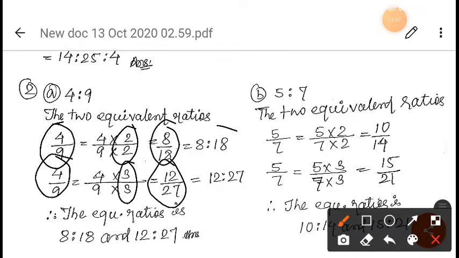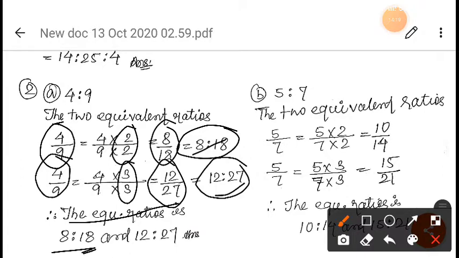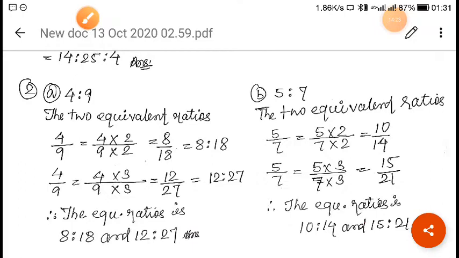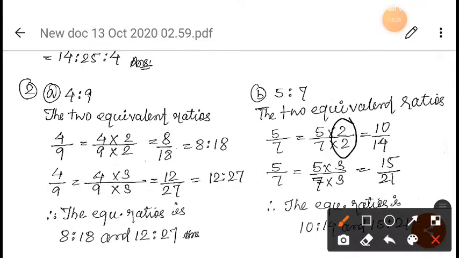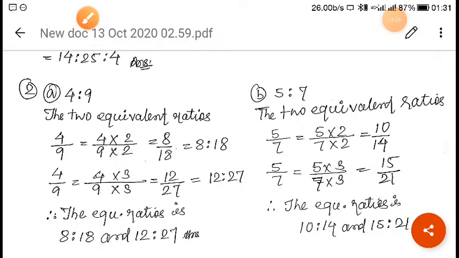So 8 by 18 is written as 8 is to 18, and 4/9 is written as 12 is to 27. So these are the two equivalent ratios, which are 8 is to 18 and 12 is to 27, right? Here also we multiply by 2/2, 3/3, and you will get this, after that this, right? So it is very easy, right?